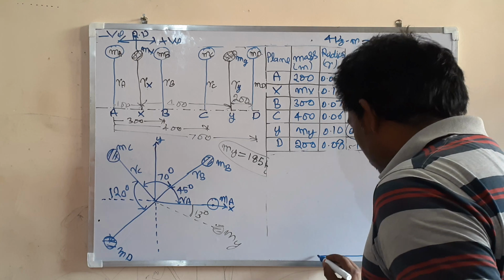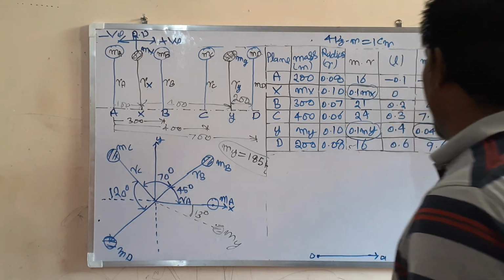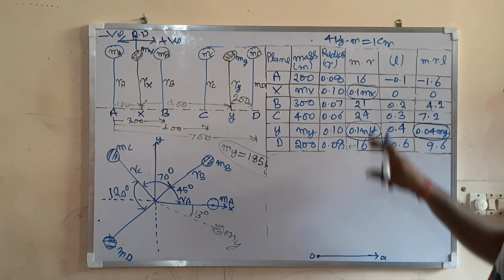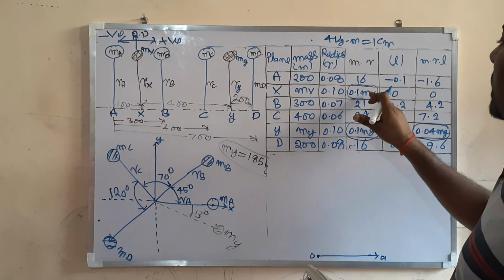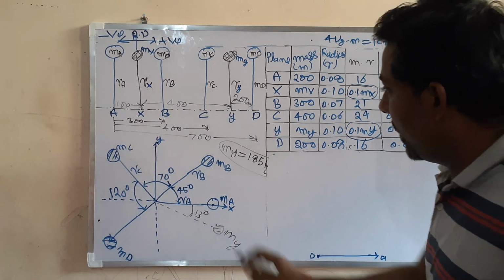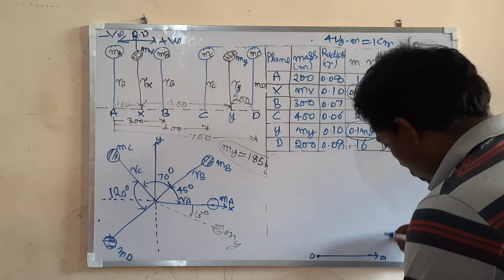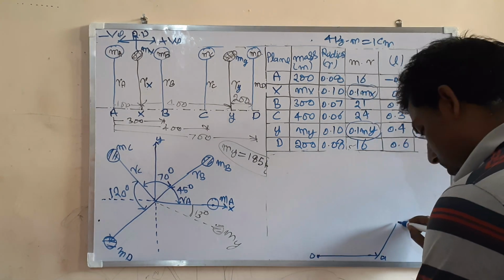Let us say this is O, and this is A. No, this is unknown, let us leave that. The closing side will be the unknown. Then B is 21. What is the direction of B? It is along this direction, so you go along this.